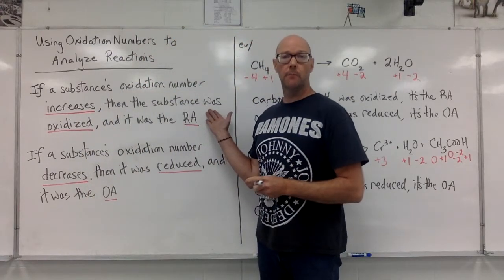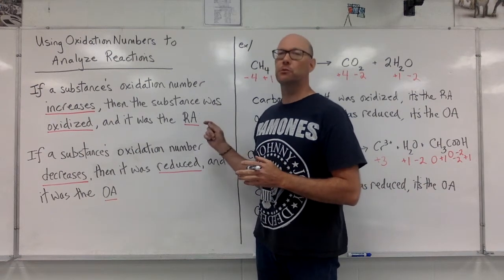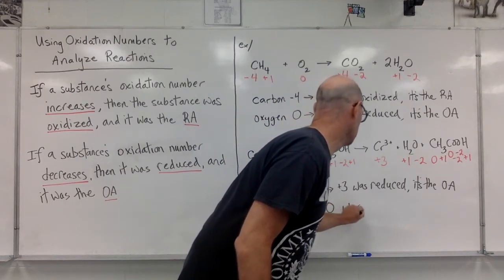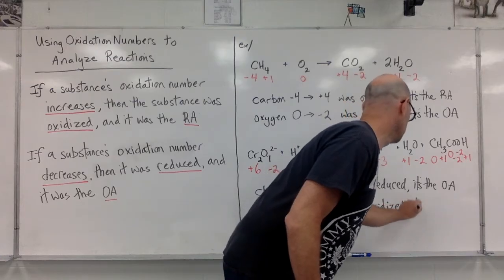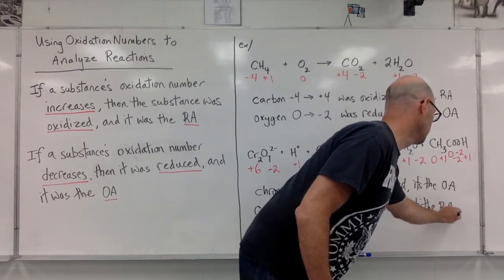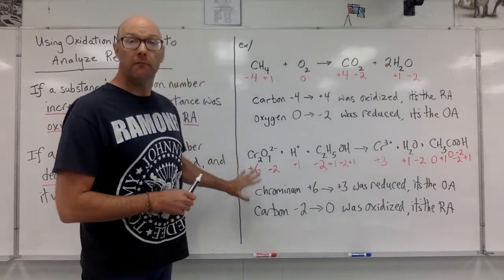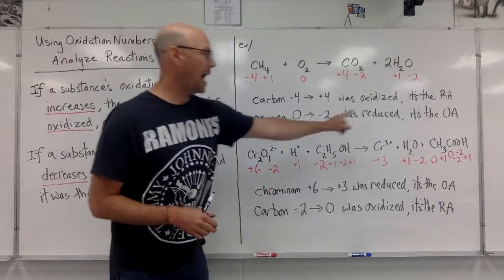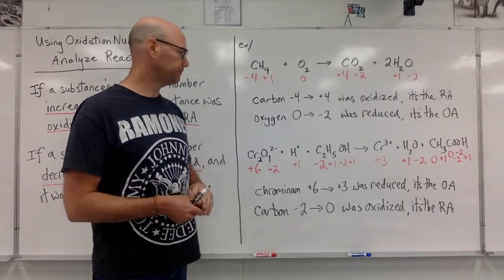The oxidation number of the carbon increased here. It was oxidized, and was the reducing agent. Finally, because we had oxidation and reduction happening, we could classify this reaction as a redox reaction.